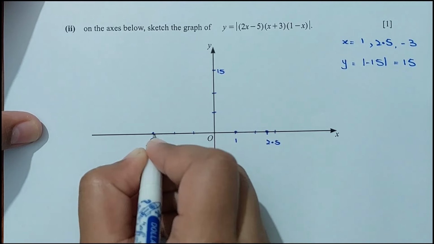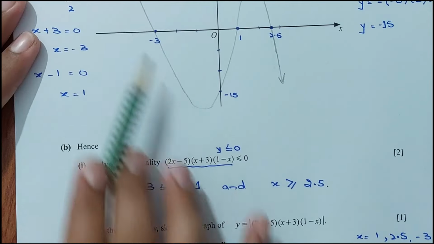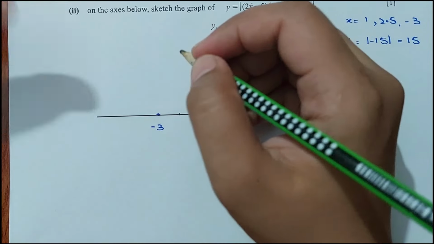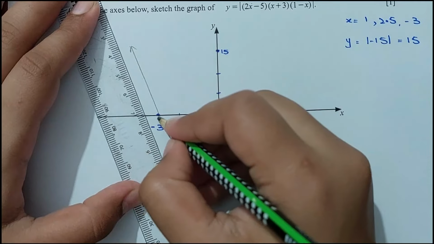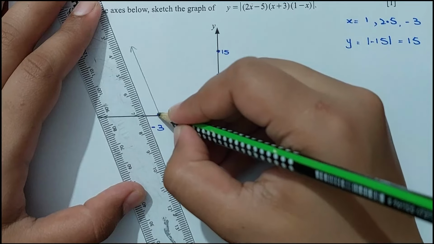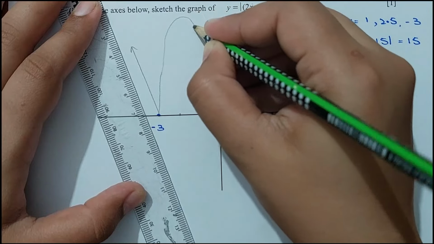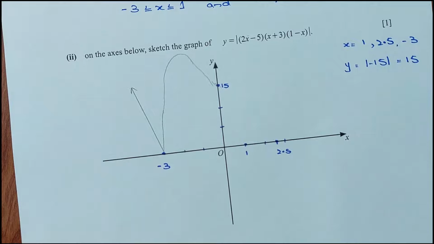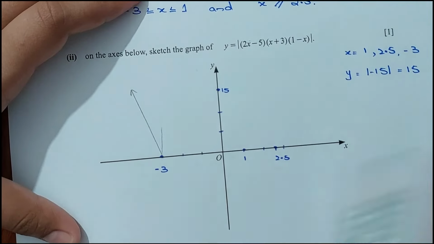These are the x and y intercepts. Now the shape is the same, but you have to move the y-intercept to the top. Again, the same as over here, and from this point you have to move up, and the graph passes through the y-intercept. Let me make it more clear.